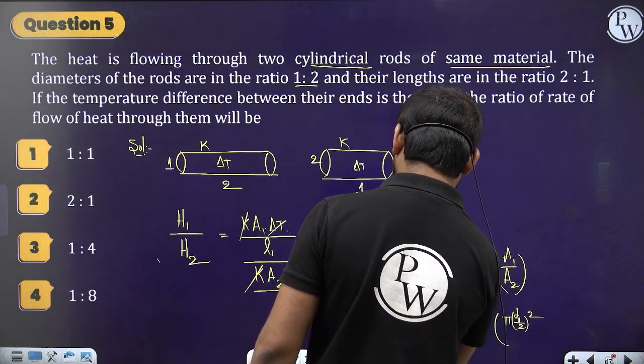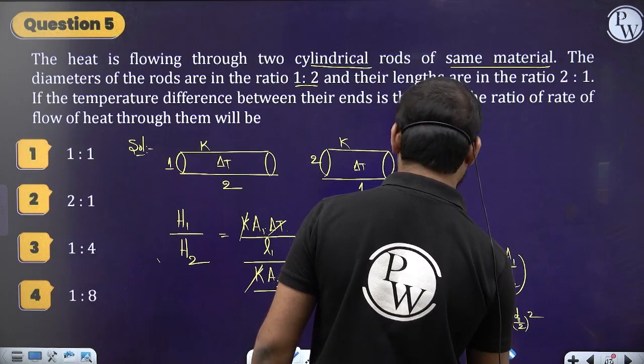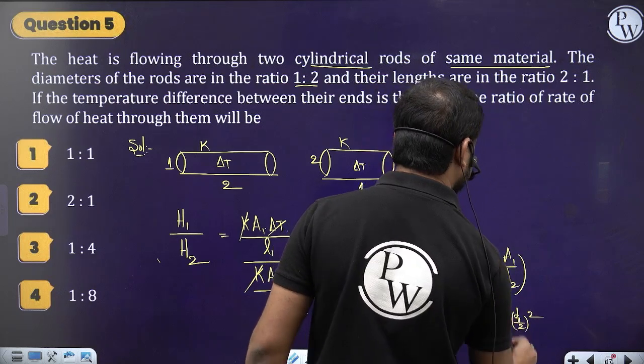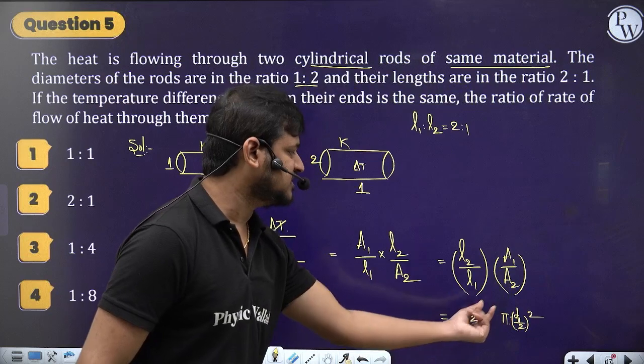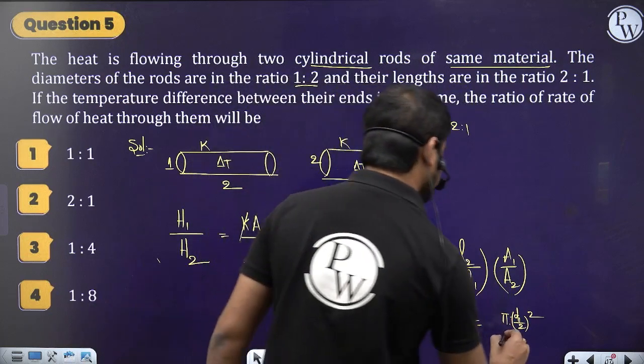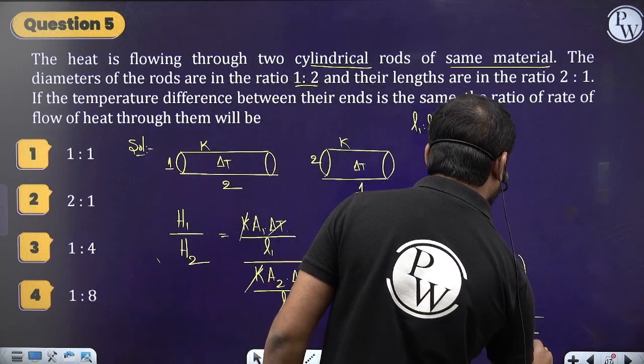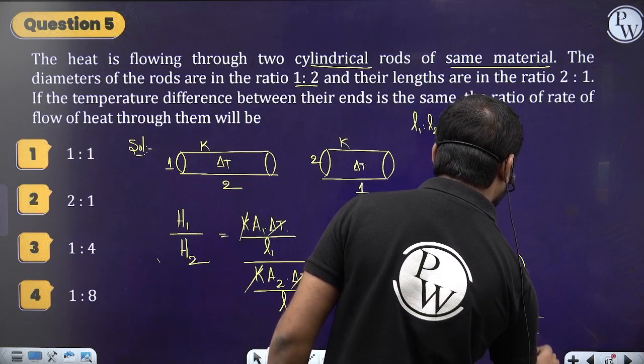For the second one, pi d2 by 2, whole square.